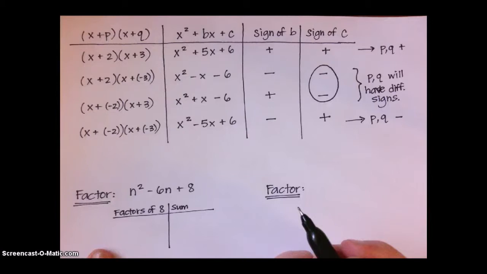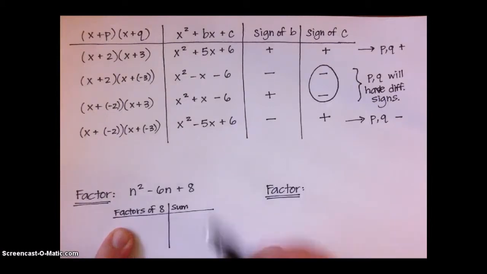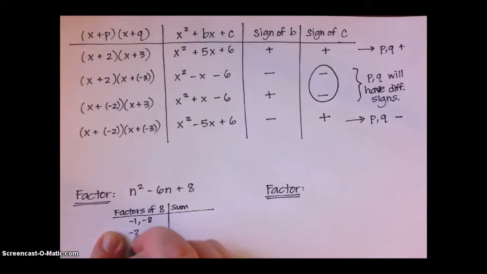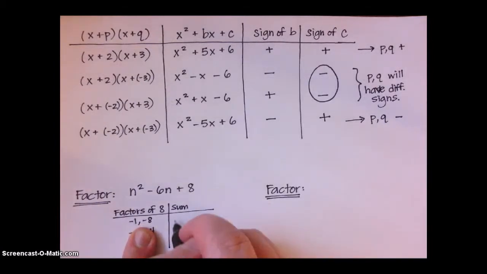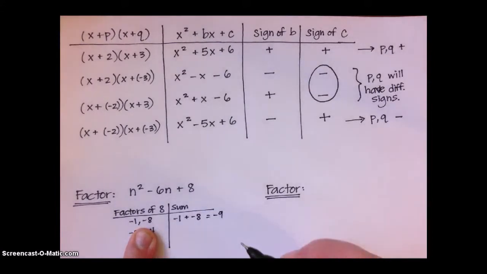Okay, so the factors of 8 would be, let's see here, negative 1 and negative 8. That would, when I multiply them, give me a positive 8. Also, negative 2 and negative 4. That would also give me a positive 8. So let's add those together. Negative 1 plus negative 8, I'm sorry, is equal to negative 9.